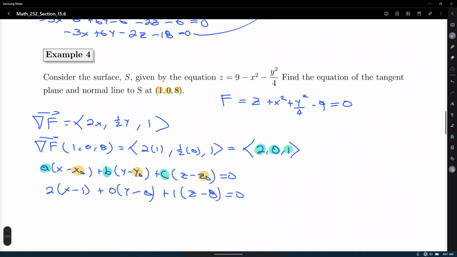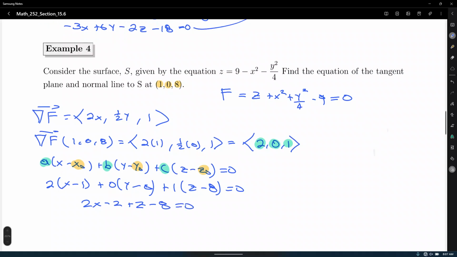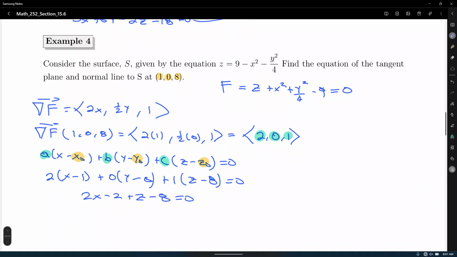So that's 2x minus 2 plus z minus 8, let that be equal to 0. 2x plus z, plus z only, and then minus 10 equals 0, so 2x plus z equals 10. All right?